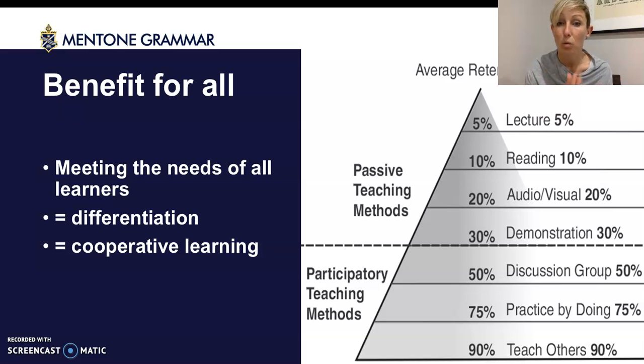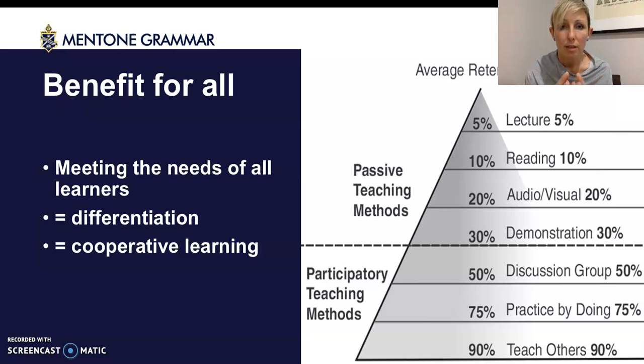Why would we do a cooperative, collaborative task when we could just tell you what you need to know? And the teacher could just deliver you the information. The rationale is that students actually retain an awful lot more of what they hear from their students and what they discover themselves than what we tell them as teachers or as parents, or what they read, or even what they copy down.